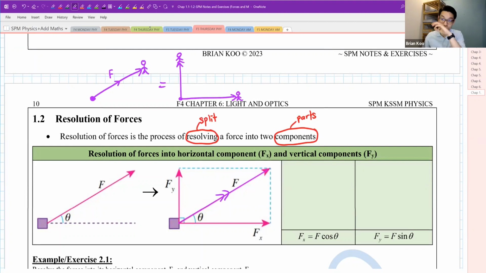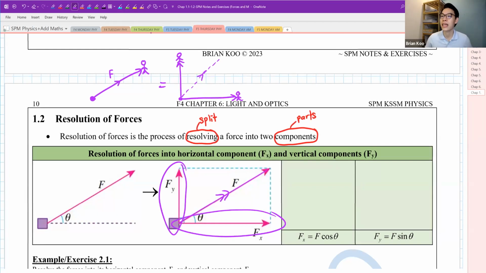I'm trying to figure out how much force each person should apply so that it will move the same way. We are trying to figure out how much force this person and this person should apply so that it is the same as the original force. So from one force, I want to split up into 2. Normally, we will split it up into the x-axis and y-axis, horizontal and vertical components.